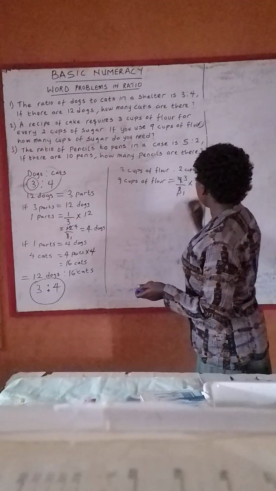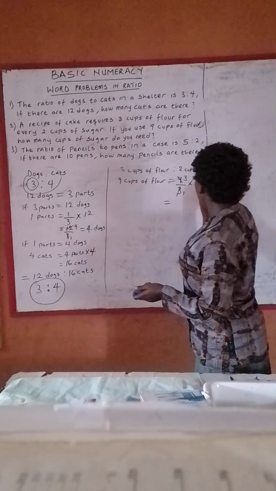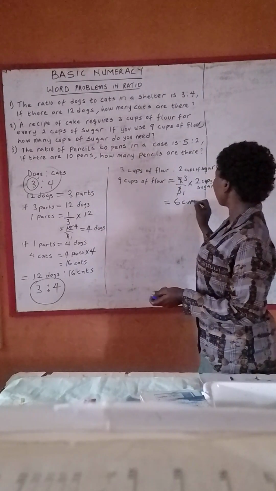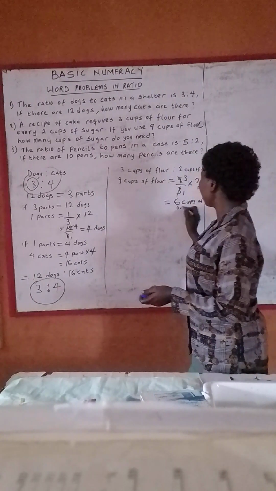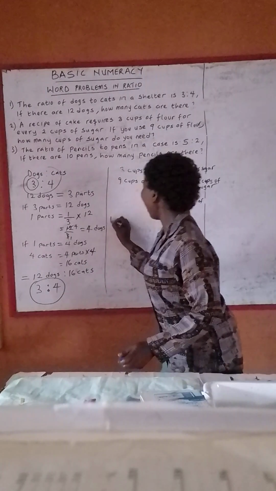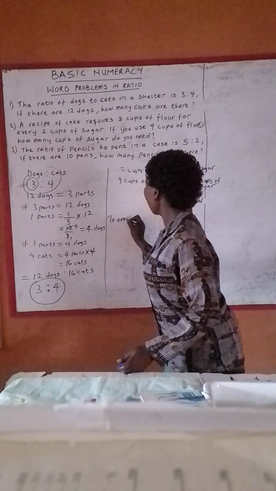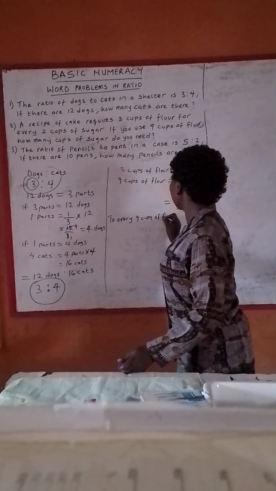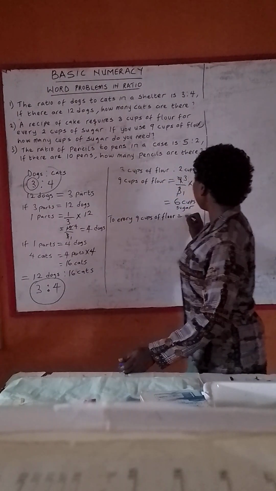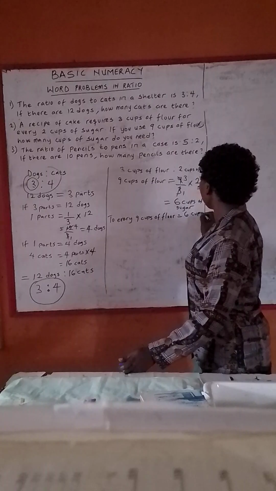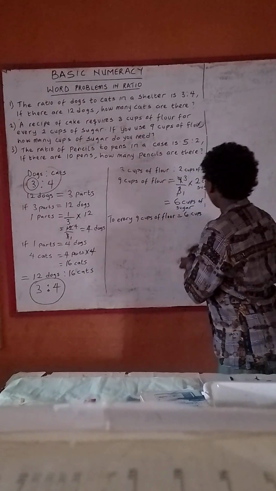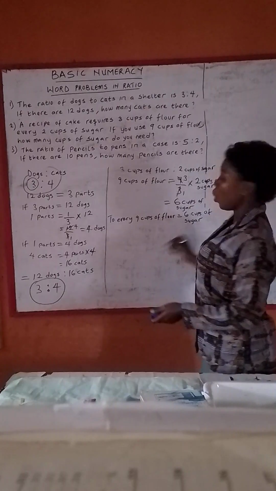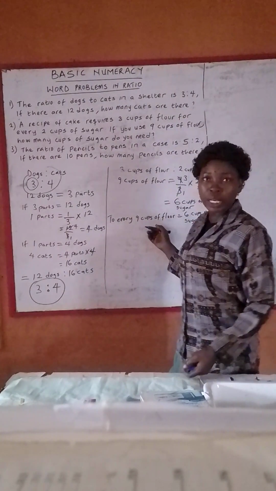It divides in 3 places. So 3 times 2 will be 6 cups of sugar. So it shows that for every 9 cups of flour, you will be needing 6 cups of sugar. I hope you have learned something today.